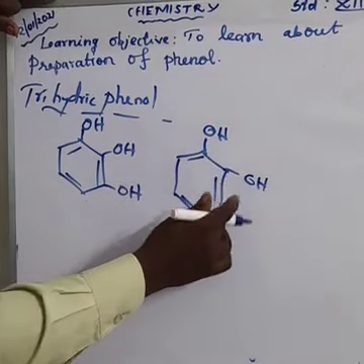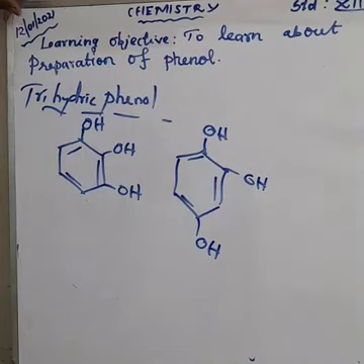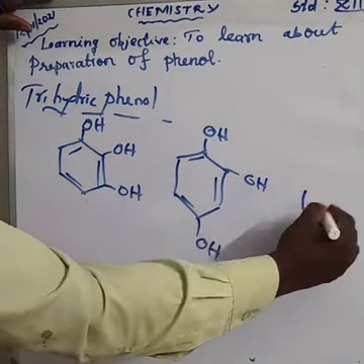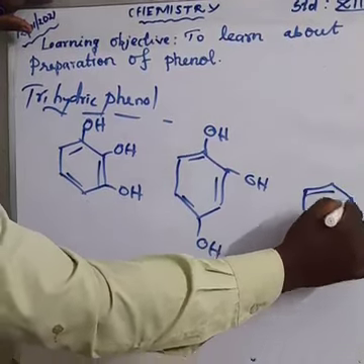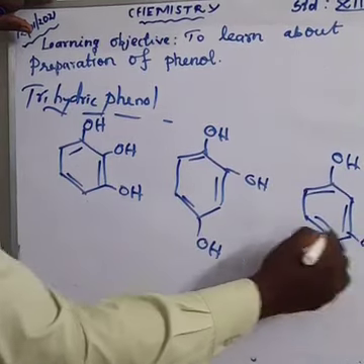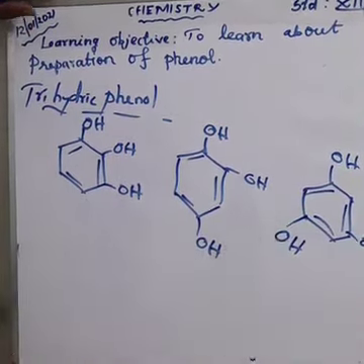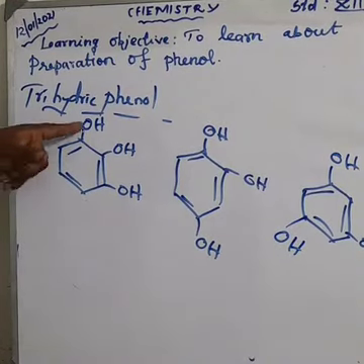OH here. Okay, para position OH. Okay. Next one. OH. Okay. These are all trihydric phenols because they have 3 OH groups.